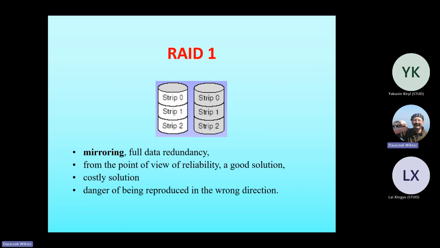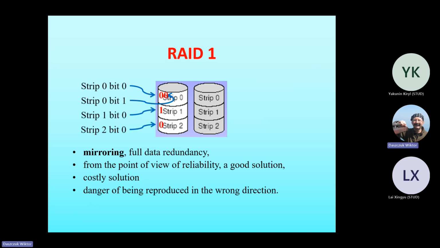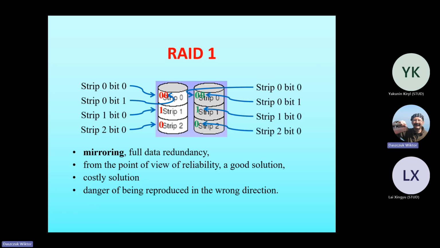RAID 1 is mirror. We write the same data on two disks. So if we have stripe 0, it is repeated on two disks, stripe 1, 2, and so on. The rule is that it is just a mirror, the data are repeated. We have 2 bits 0, 0 on stripe 0, so 2 zeros on stripe 0 on the second disk.